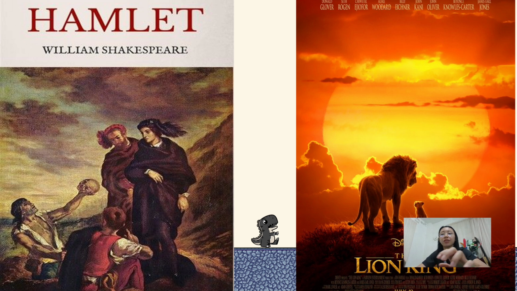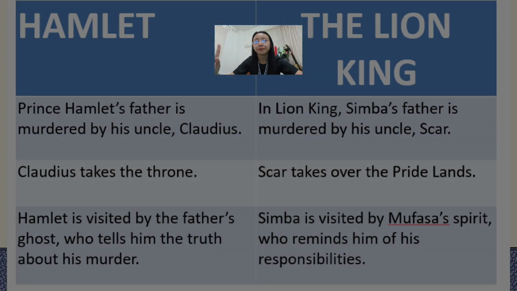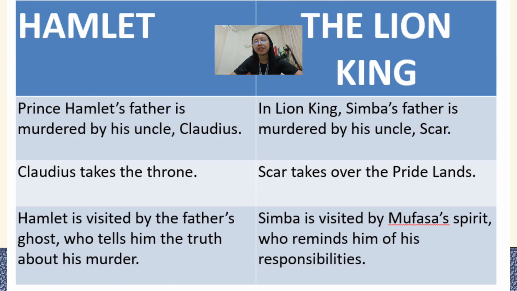So, I'll show you another example. We have here the story of Hamlet by William Shakespeare and The Lion King. So, naay intertextuality ani nila, kaya naani sila'y similarities. Nga first similarity nila, Prince Hamlet's father is murdered by his uncle, Claudius.